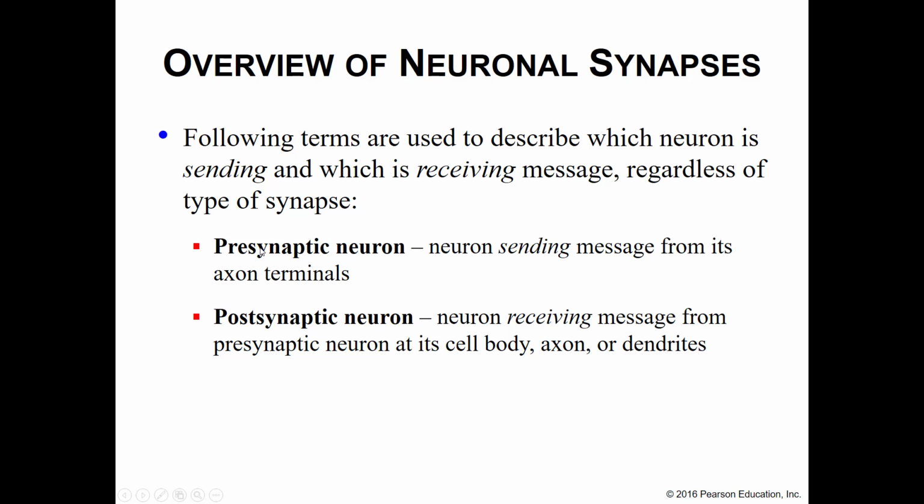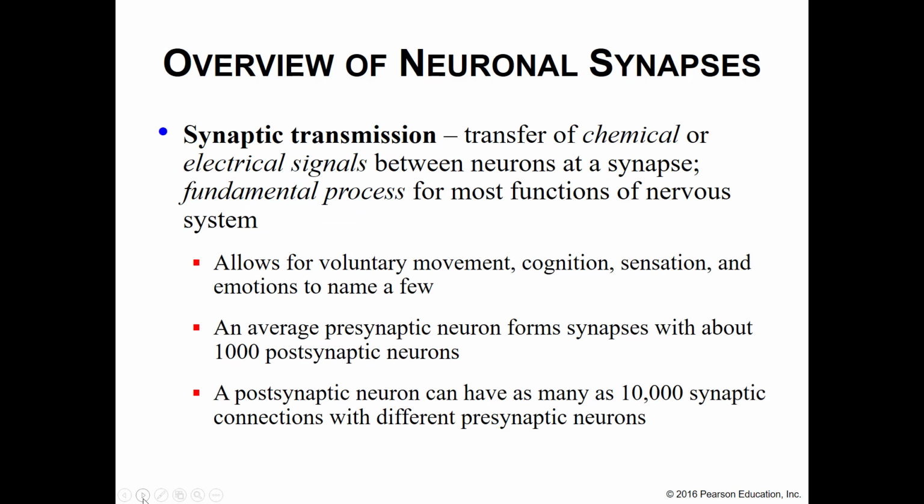With each of these, we have our presynaptic neuron, the one that is sending the signals, and the postsynaptic neuron, which is receiving the signals. And then that transmission of a signal can be chemical via our neurotransmitters. When we looked at the neuromuscular junction, that was acetylcholine. Or it can be an electrical signal. This allows for voluntary movement, cognition, sensation.